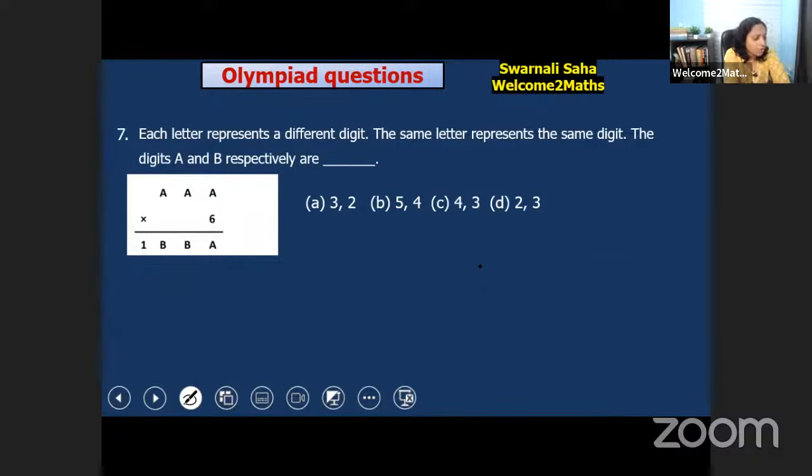The options are 3, 2; 5, 4; 4, 3; 2, 3. So which would be the right one? You can see the question now.